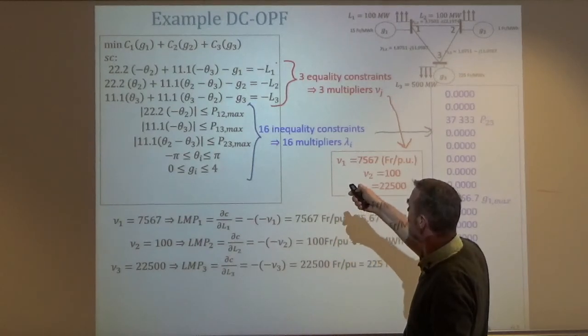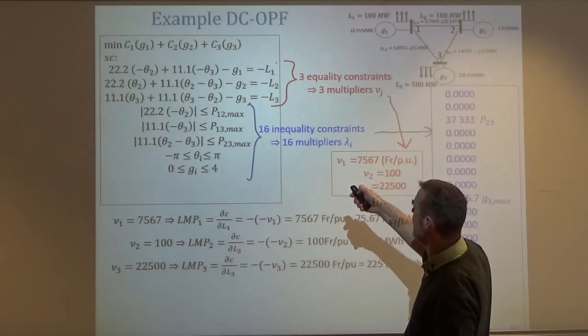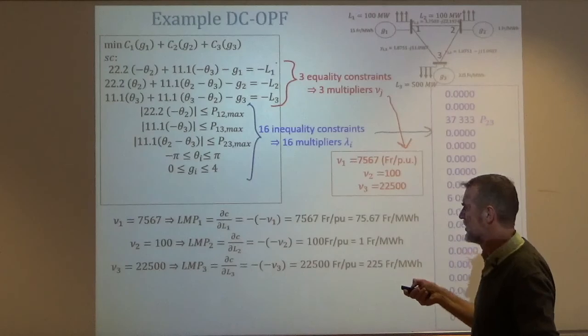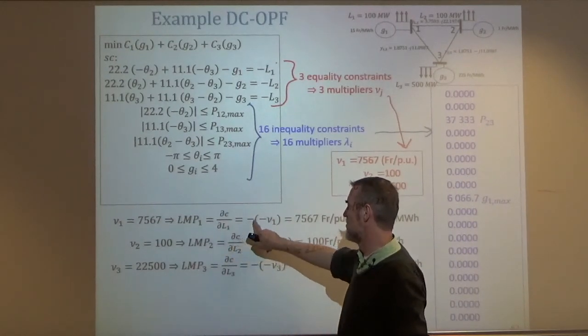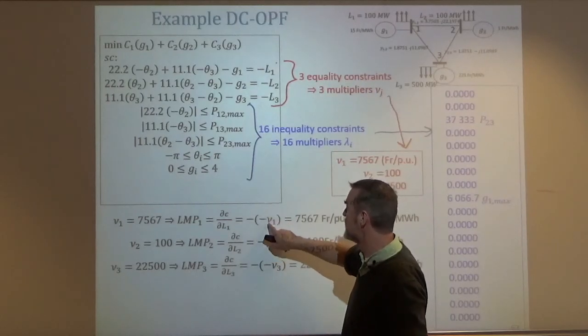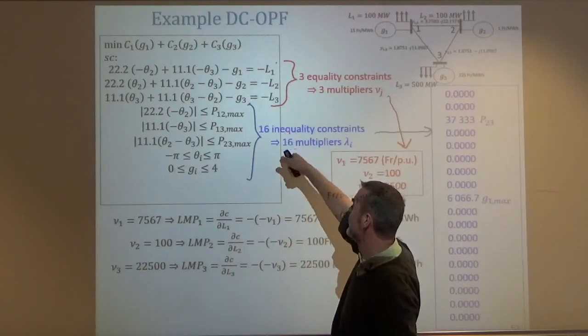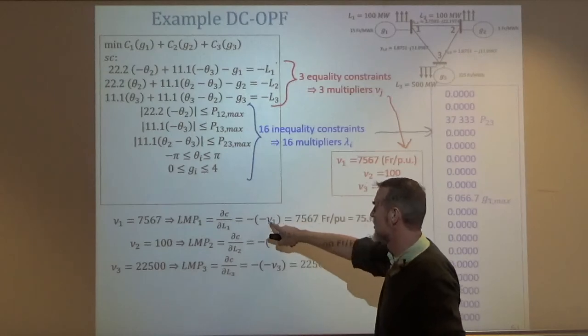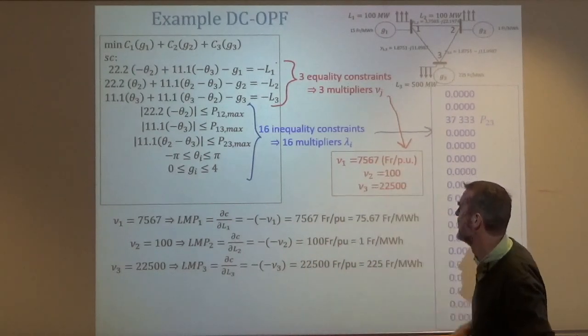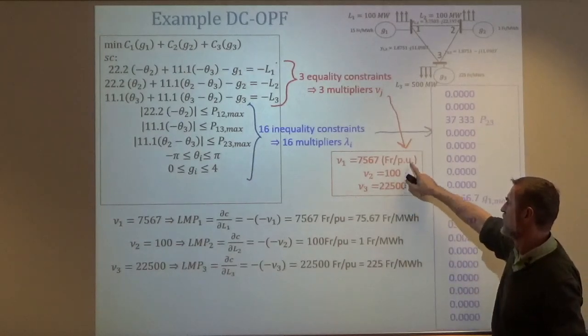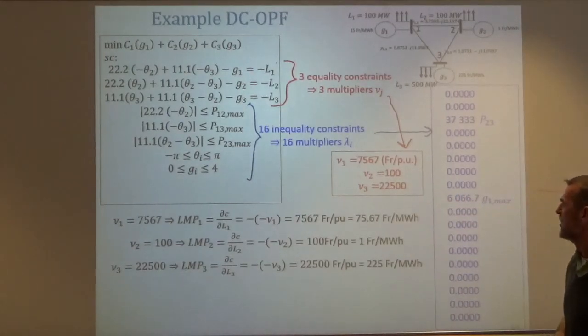And L1 appears only, for example, in the first inequality. So here it's very simple. The marginal cost is equal to dC over dL1, which is minus the Lagrange multiplier, multiplied by the derivative of this with respect to L1, which gives another minus sign, so it's exactly equal to this Lagrange multiplier. And similarly, if you look at the two, this is how we find, for example, the marginal prices here.